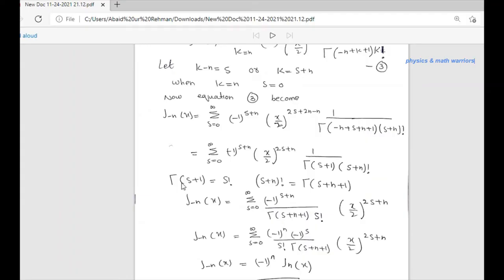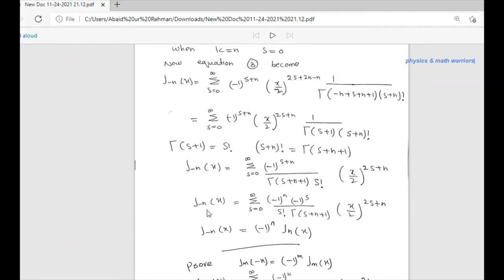We know gamma of s plus 1 is equal to s factorial, and s plus n factorial is equal to gamma of s plus n plus 1. So this term becomes J minus n of x is equal to the summation s equal to 0 to infinity of minus 1 raised to power s plus n over gamma of s plus n plus 1 and s factorial, times x over 2 raised to power 2s plus n.